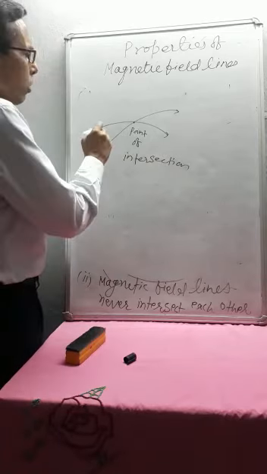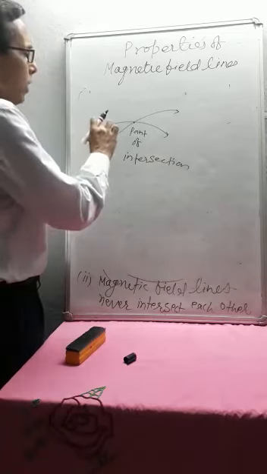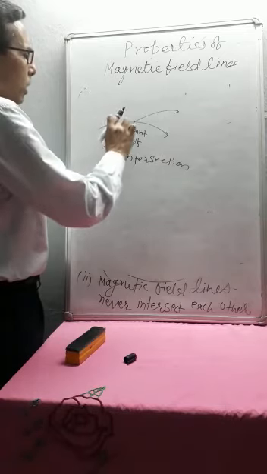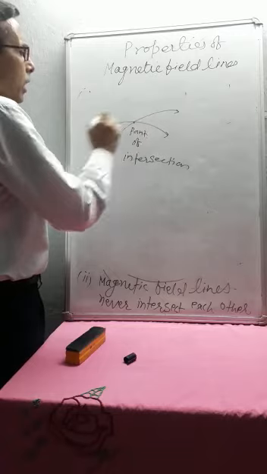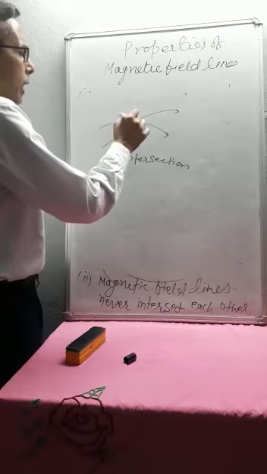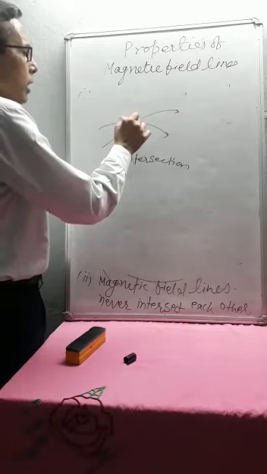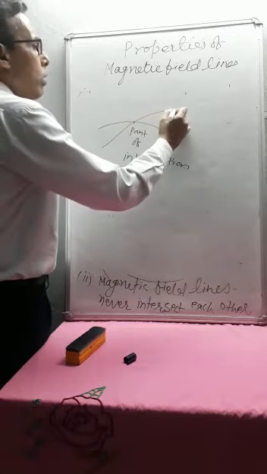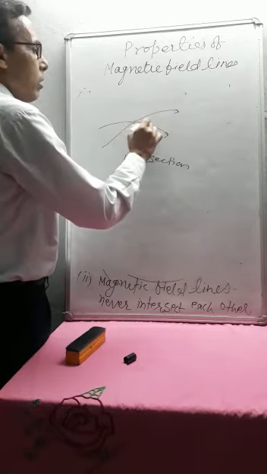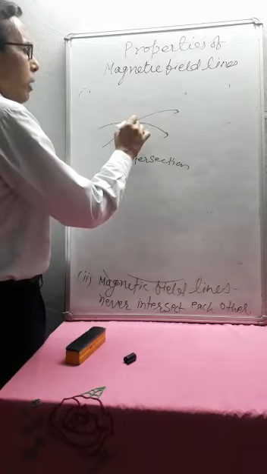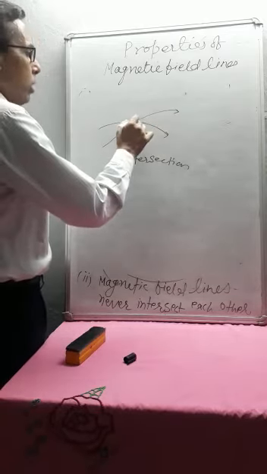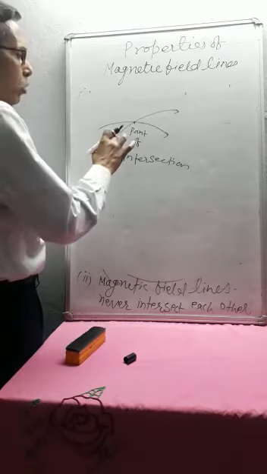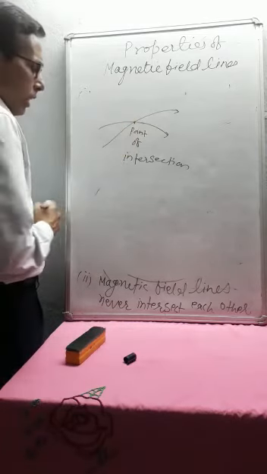So suppose if two magnetic field lines, first one and second one, intersect each other, then at the point of intersection it shows two directions, which is not possible. That's why two magnetic field lines never intersect each other.